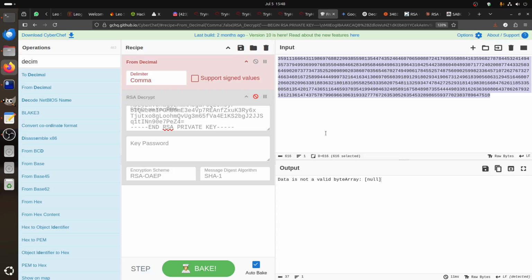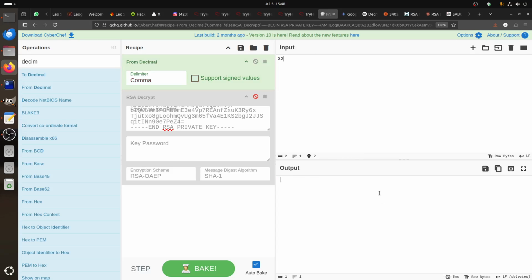It accepts numbers, so why does it have a problem with mine? So suddenly now 23 is fine, then suddenly line feed. Now suddenly.